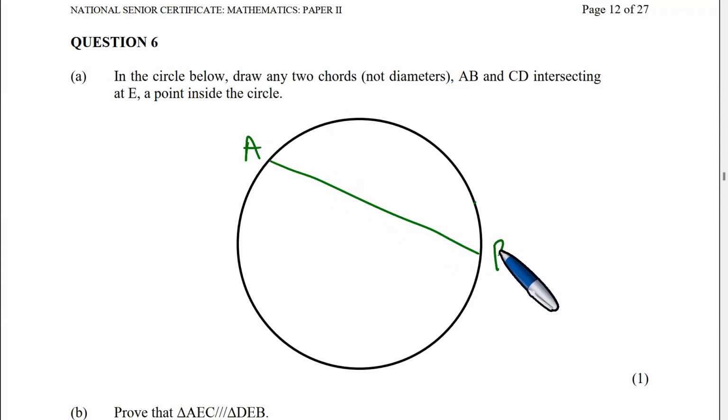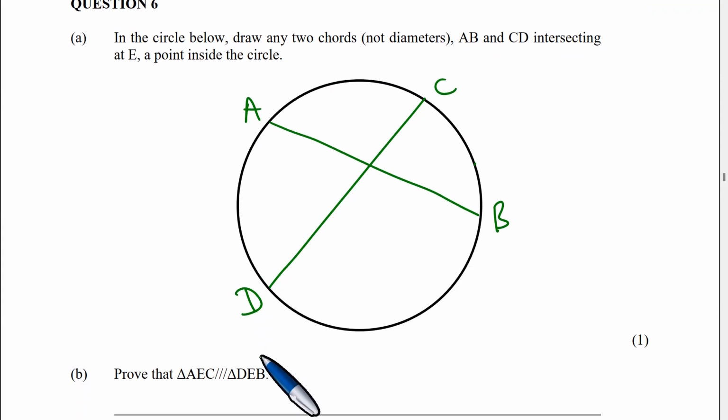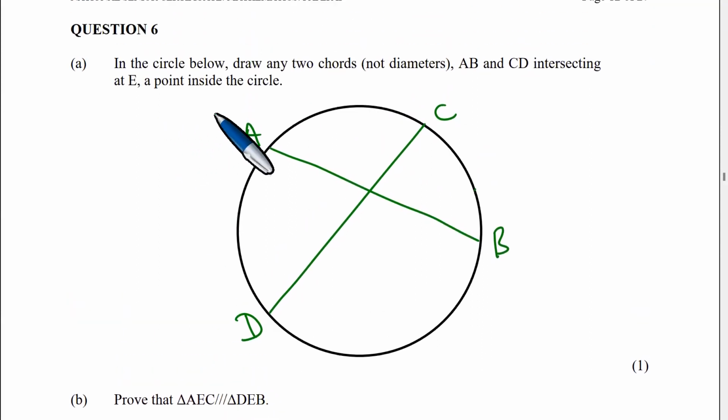AB. Like this. So in the circle below, draw any two chords, not diameters, AB and CD, intersecting at point E, a point that is inside the circle, 1 mark.